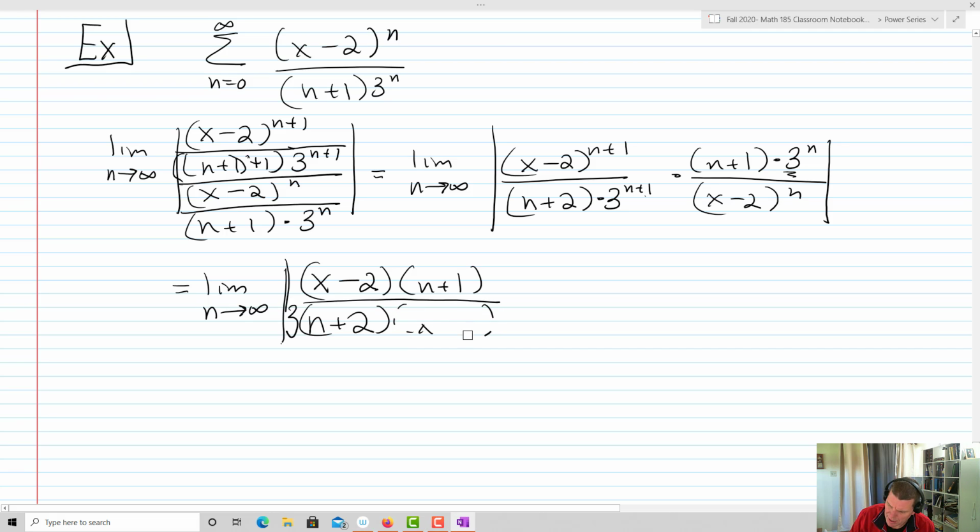Excuse me, the x minus 2 actually goes away because we end up canceling out all but one of those. So we end up with 3 times n plus 2.